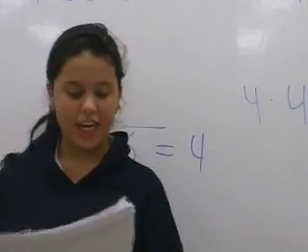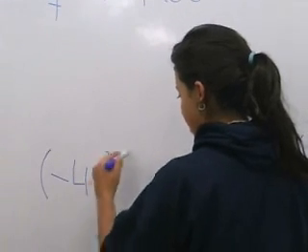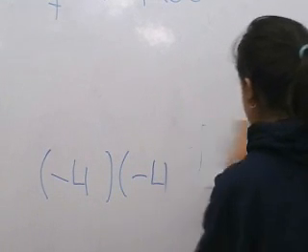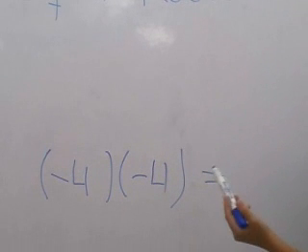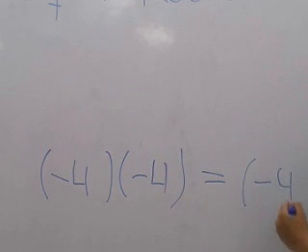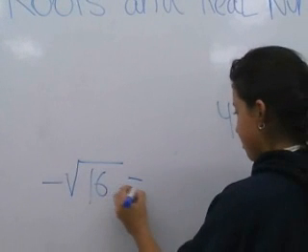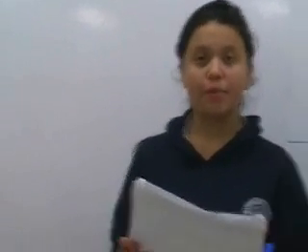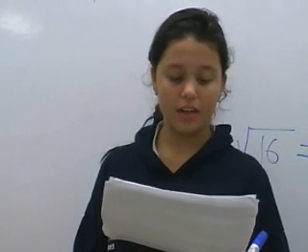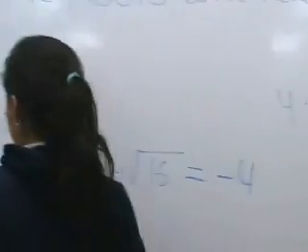And if it is negative, you will put a parenthesis. If the number is negative, the square root will be -4. A perfect square is a number whose positive square is a whole number. So for another example, 9.